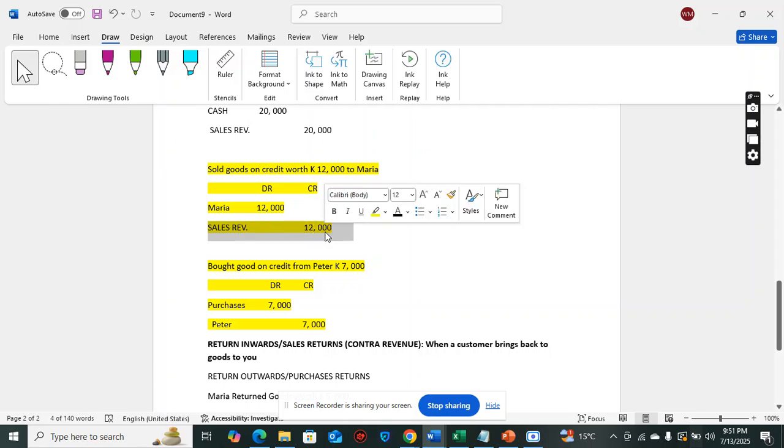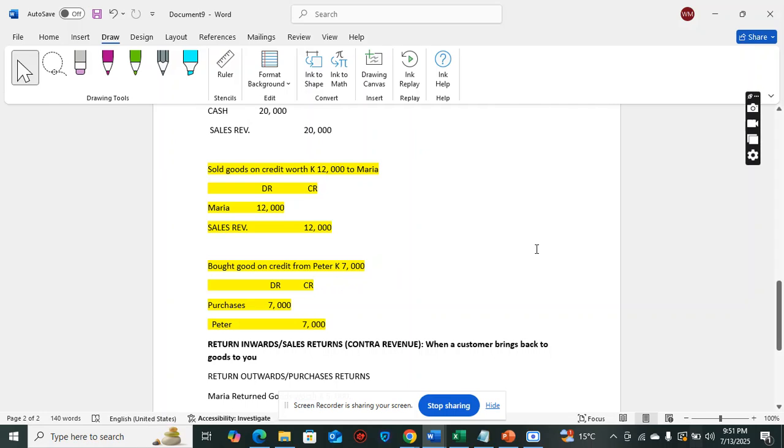Then when we sold the goods, according to the realization concept, even though you don't receive the money, you need to record it. So we recorded that our sales revenue has increased by 12,000 kwacha.